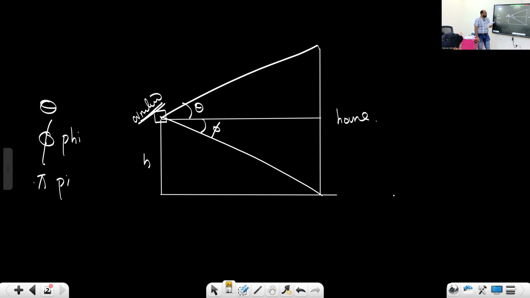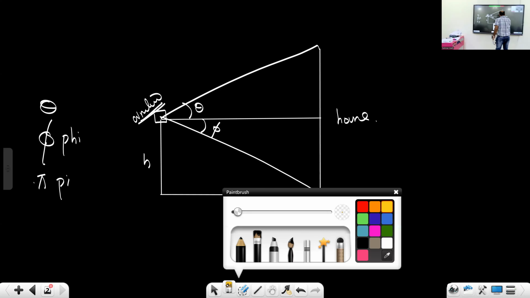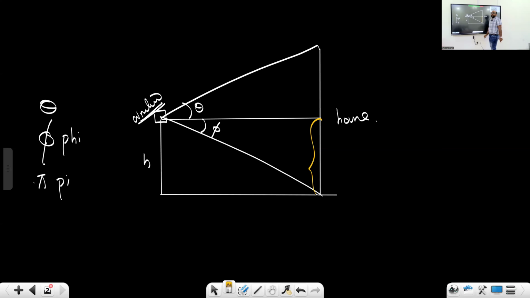Hello, all of you do the diagram. Now we want to show the height of the opposite house. That's the question. Before starting, I need one support from you.